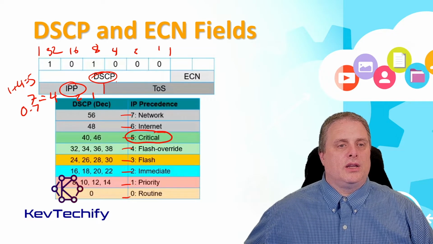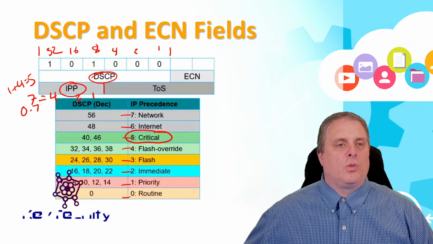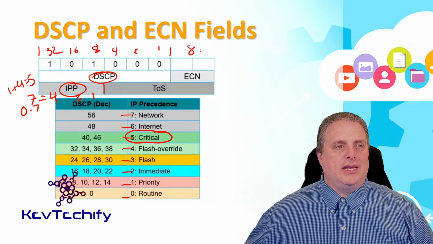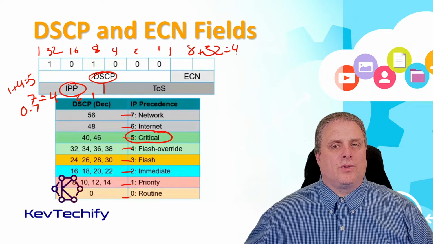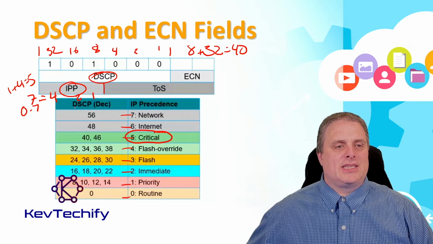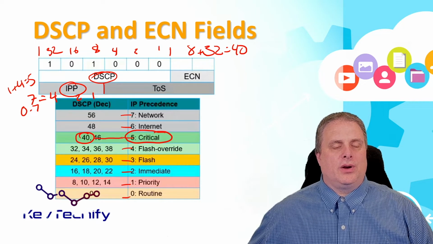When we look at using the DSCP, we have 6 bits, but we have a 1 where there's an 8, and then we have a 32. That gives us 40. When we look at the DSCP values here in decimal, we see that a 40 is also on that critical.